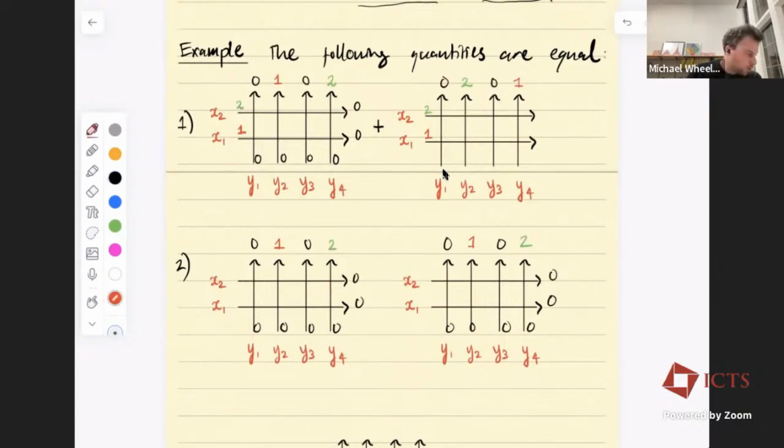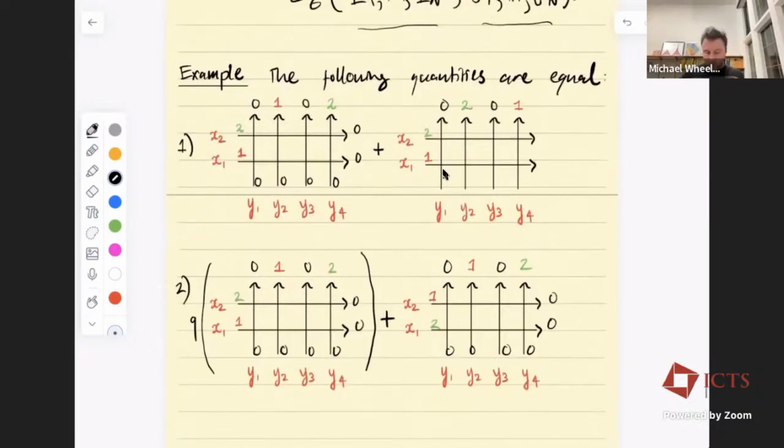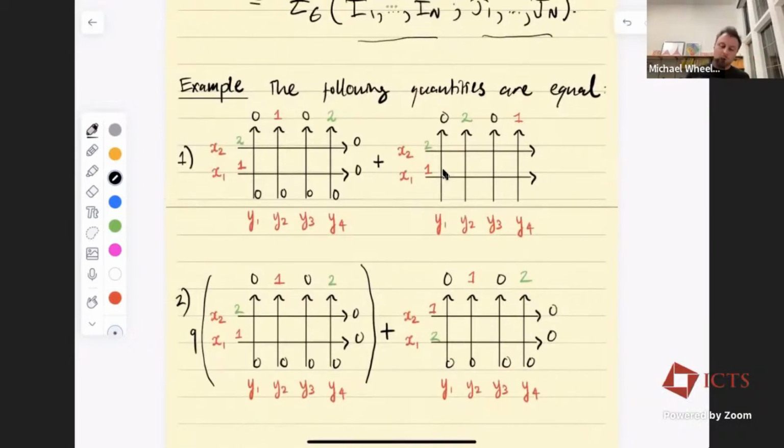There are two possibilities there: either I have a 1 and a 2, or I have a 2 and a 1. And there's going to be a Q factor that gets associated to this one. So it's this plus this. The claim is that those two sums of partition functions are actually equal.